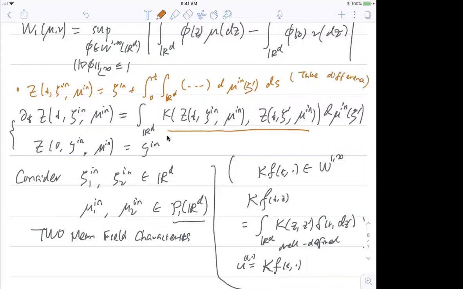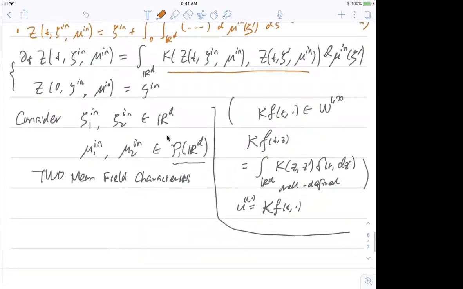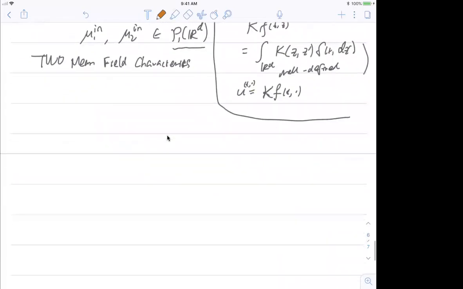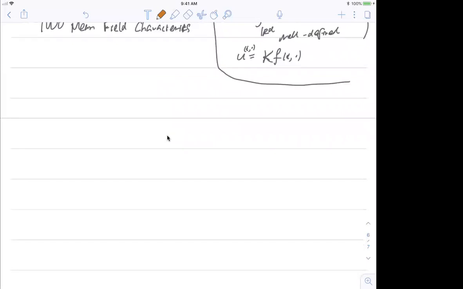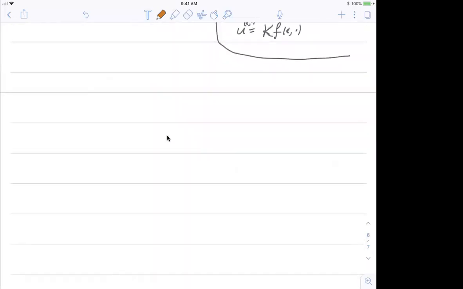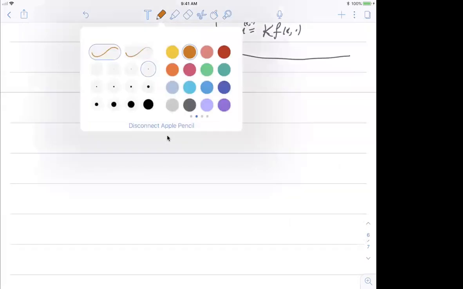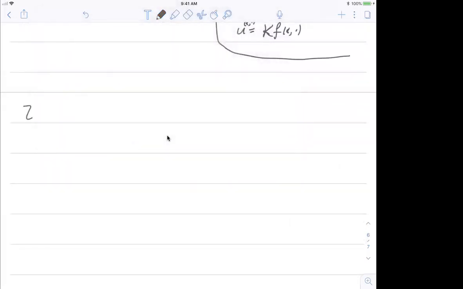So we just take the difference. So I believe you can recover then. So I'll just write the difference. So it's the following. So Z, the first trajectory, minus the second trajectory.